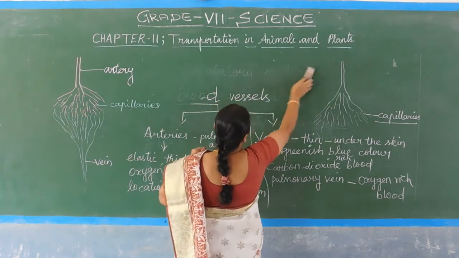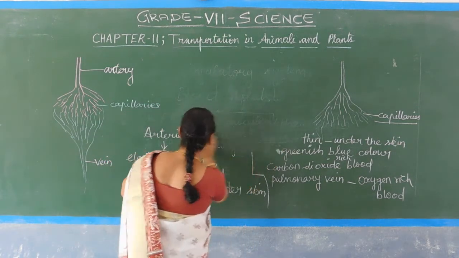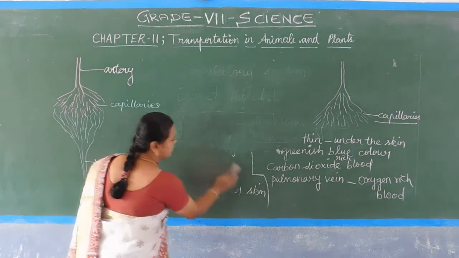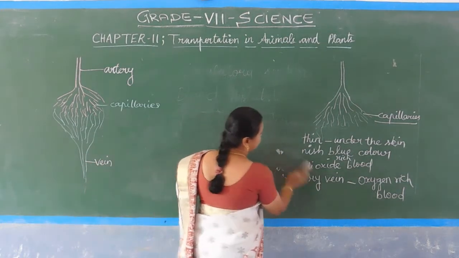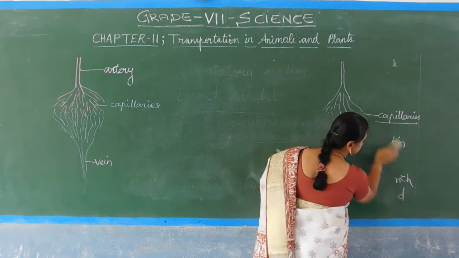Now we shall see the structure of the heart, which is the main organ in the circulatory system.